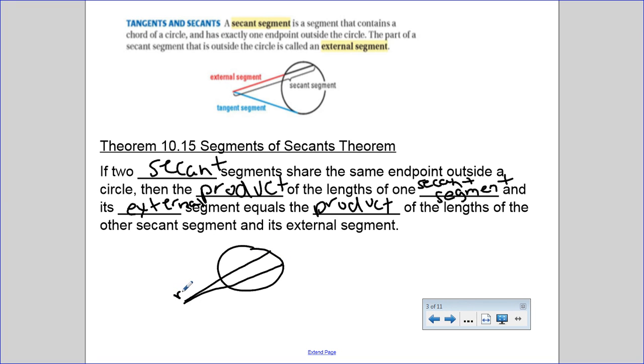I'll try labeling them: this is A, B, C, and we'll call this D and E. What this is saying is the external segment here, AB, times the whole secant segment, AC, so the outside piece times the whole thing, would be equal to the outside piece of the other one times the whole thing. So piece times whole thing is equal to piece times whole thing. Again, pretty cool.